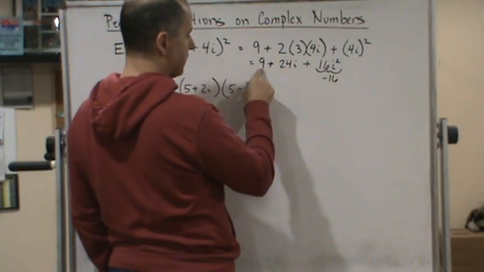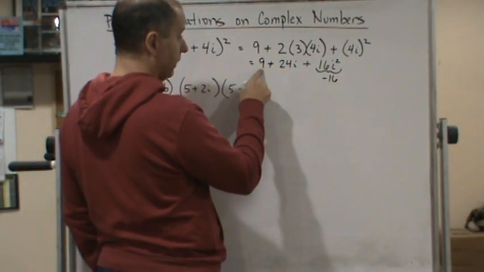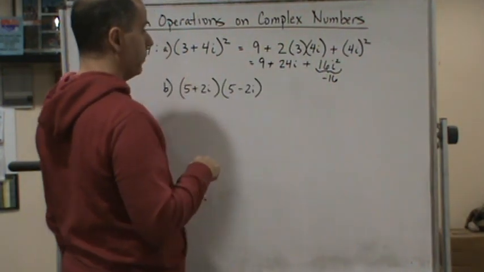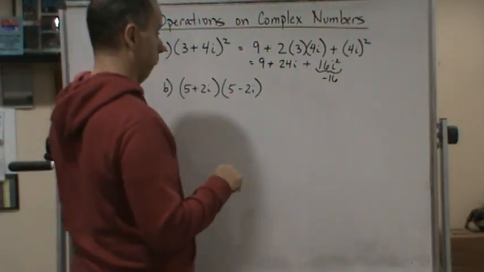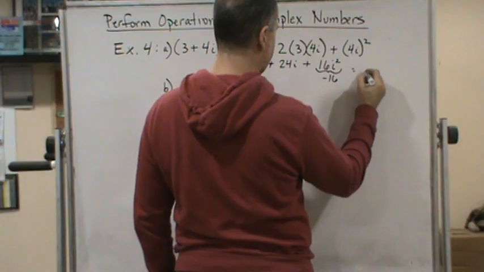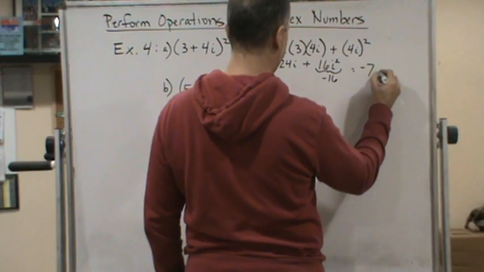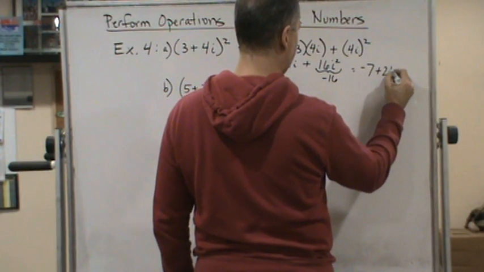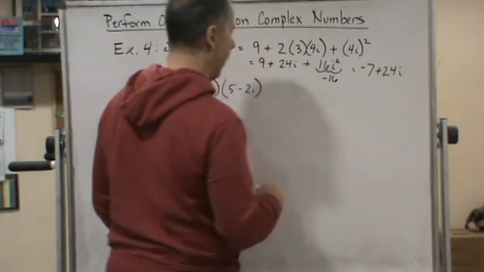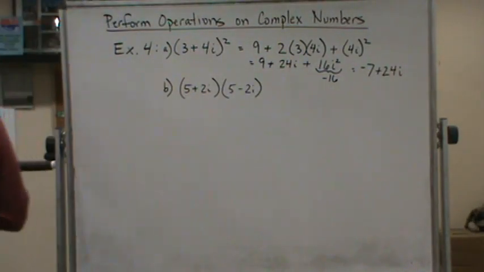And so negative 16 plus 9 is going to be a negative 7. So this is going to end up being negative 7 plus 24i as the final answer.